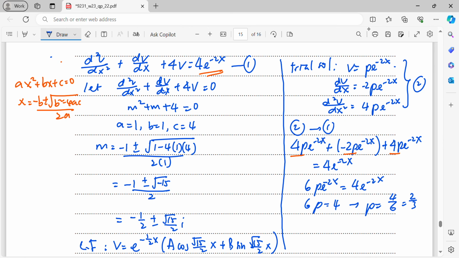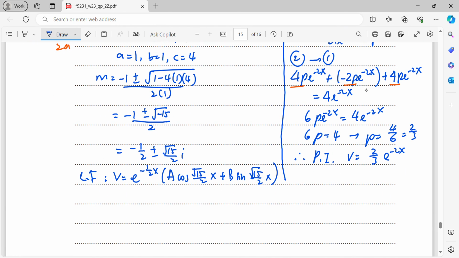And with this, you have found the particular integral, which is v equals 2 over 3 e negative 2x. Okay, so now I combine the complementary function and the particular integral. Therefore, I'm getting the general solution. v equals CF plus PI.